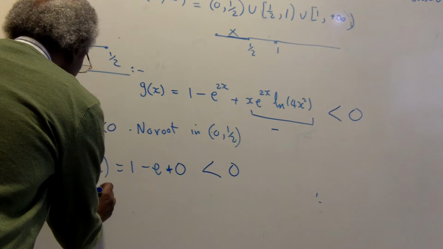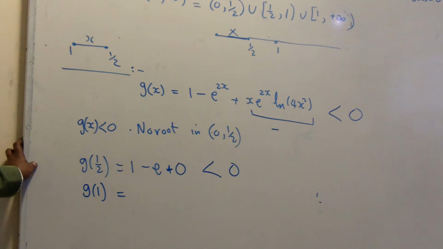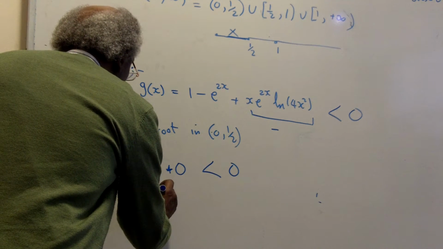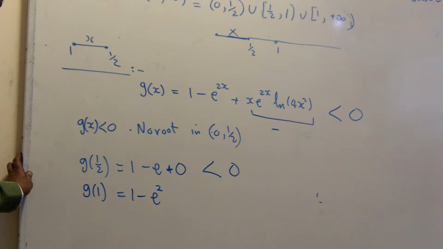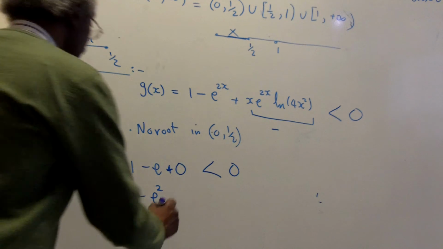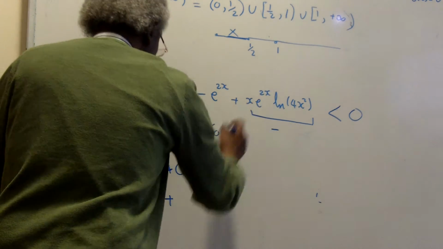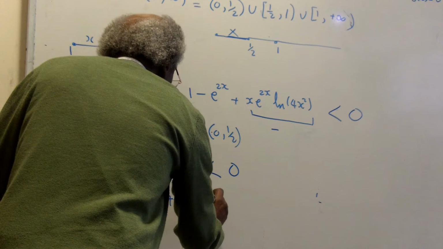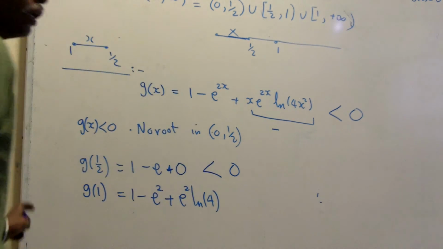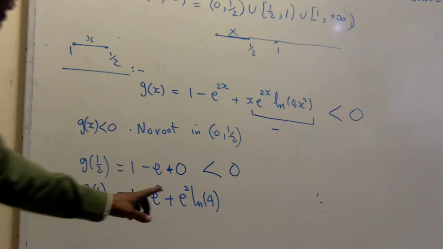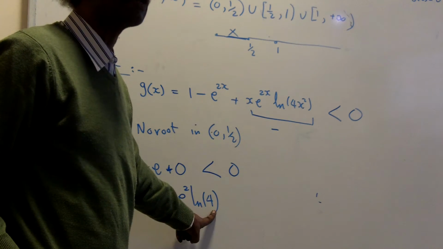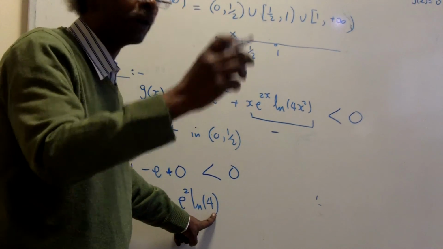Okay, g of 1 is equal to 1 minus e to the 2 plus 1 e to the 2 times ln 4. Now, 4 is greater than e, and therefore ln 4 is greater than 1, because ln e is just 1.